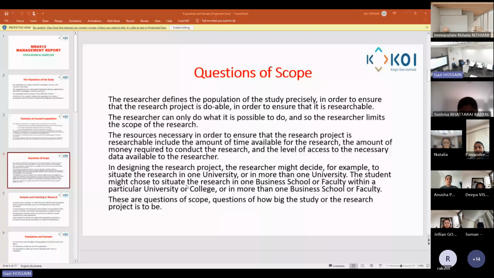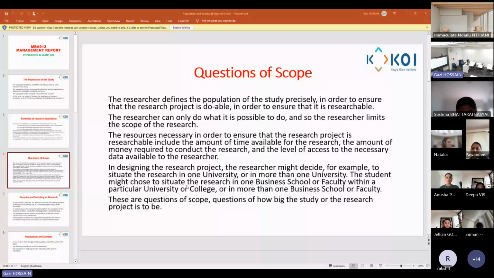So what we need to do, as our population is too big, is collect the data from a part of the population. In such situations, the researcher clearly defines the population of the research and then selects from that population a sample for the study.